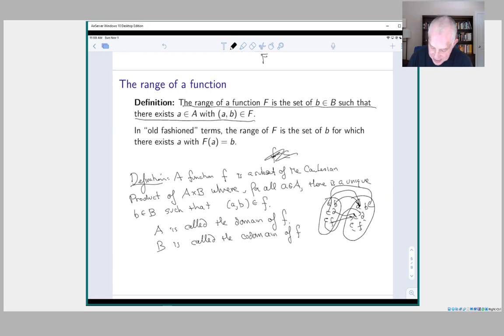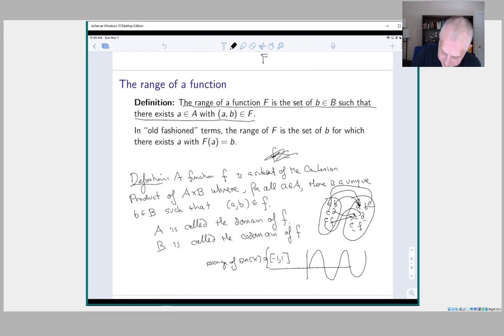And in the sine of x picture, the range of sine of x is the collection of points [-1, 1], because any point in the interval from -1 to 1 can be obtained as a value of sine of x.